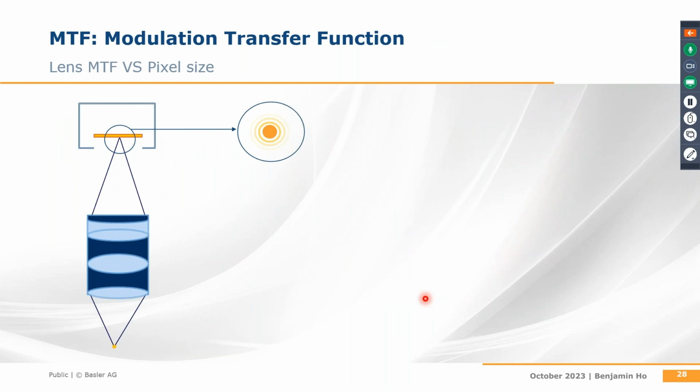The lens MTF describes how well the lens can reproduce different spatial frequencies in the image. It quantifies the lens ability to transmit contrast at various spatial frequencies.